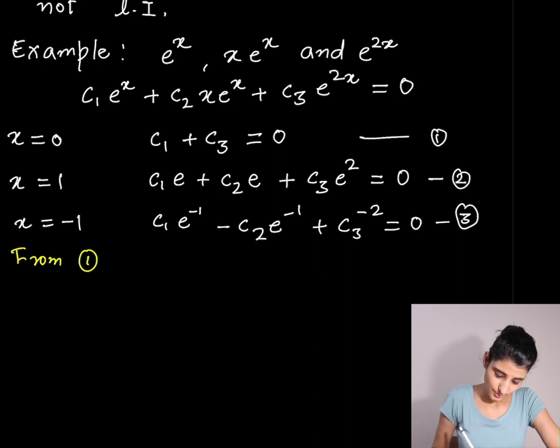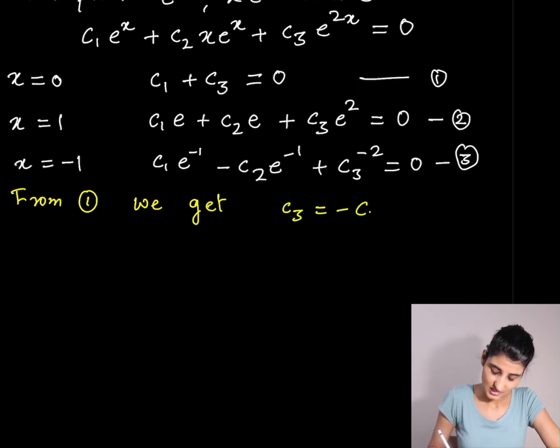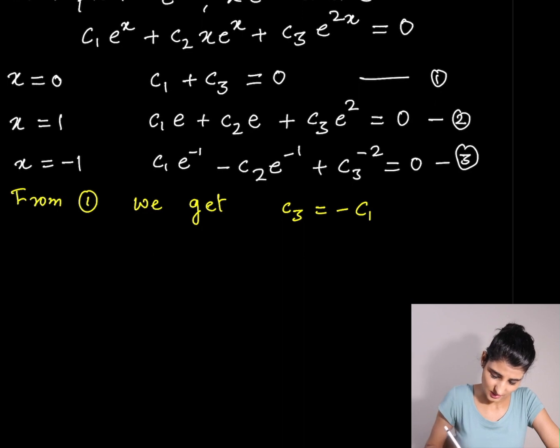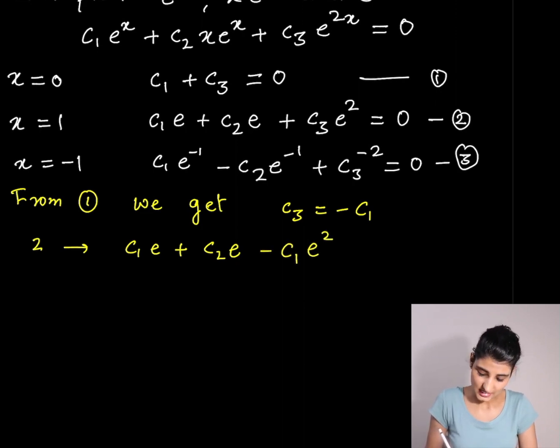So from the first equation, we get c3 equal to negative c1, right? From equation 2, let's keep it as it is. So I am writing 2 again over here as it is, c1 e plus c2 e, but substituting c3 as negative c1.